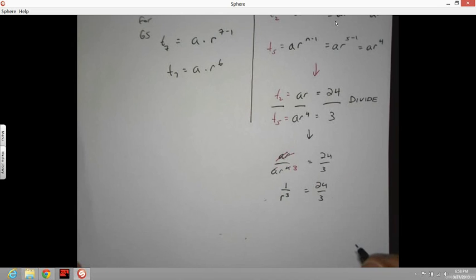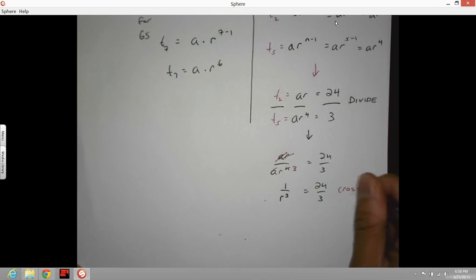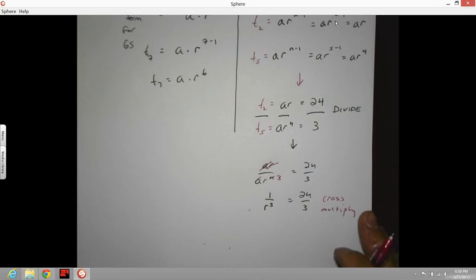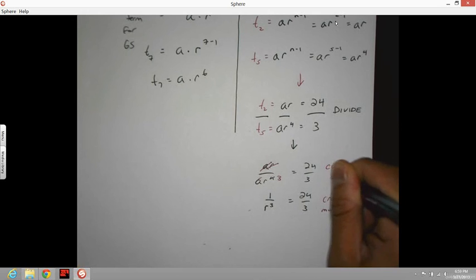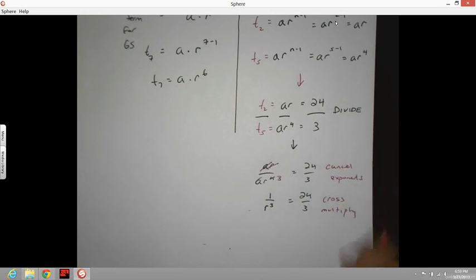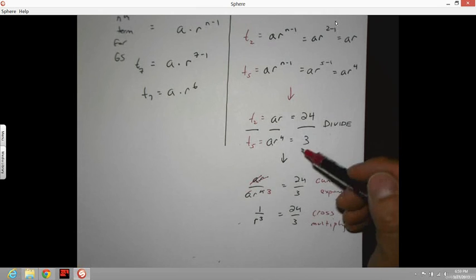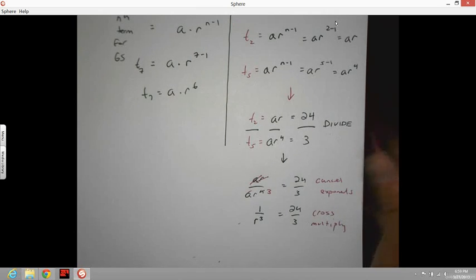So far, so good. And if you were to do some cross multiplication, for those of you wondering how I got this, I'll repeat myself. Basically here, I cancel exponents. And for those up here, what I did was I basically divided.